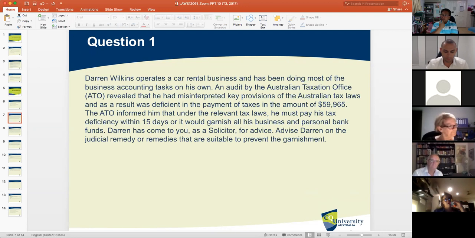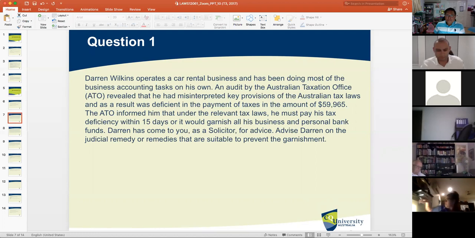If they had not yet made a finding, but had made some initial inquiries or allegations of his debt, but still said that in 15 days we're going to garnish these things, would that still be applicable, or would the decision have to have been final?